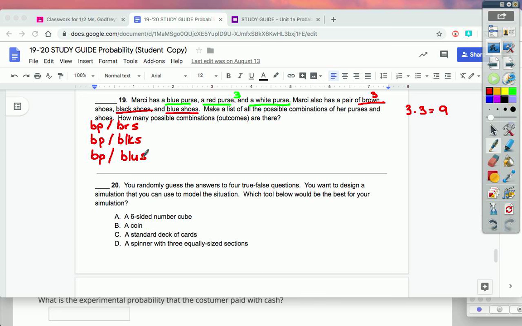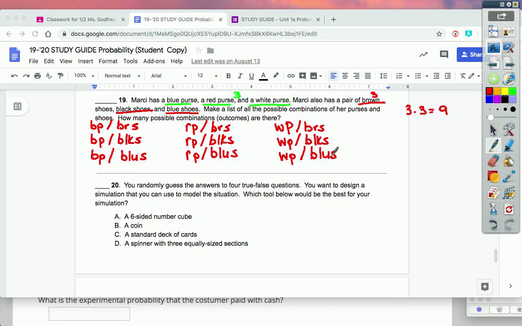Okay? We can do a red purse with a brown shoe. A red purse with a black shoe. You can do a red purse with a blue shoe. Or we can do a white purse with a brown shoe. We can do a white purse with a black shoe. We can do a white purse with a blue shoe. Those are all of our combinations.